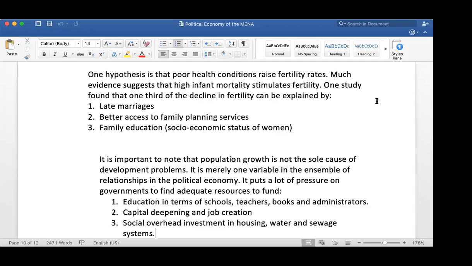This population growth, or the lack of population growth, if you will, for certain countries, has led to very similar challenges that pretty much affected the development trajectories of those countries.